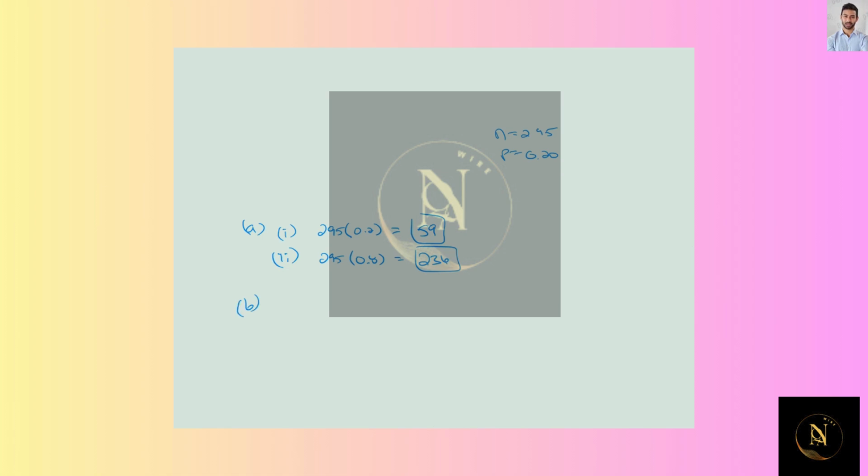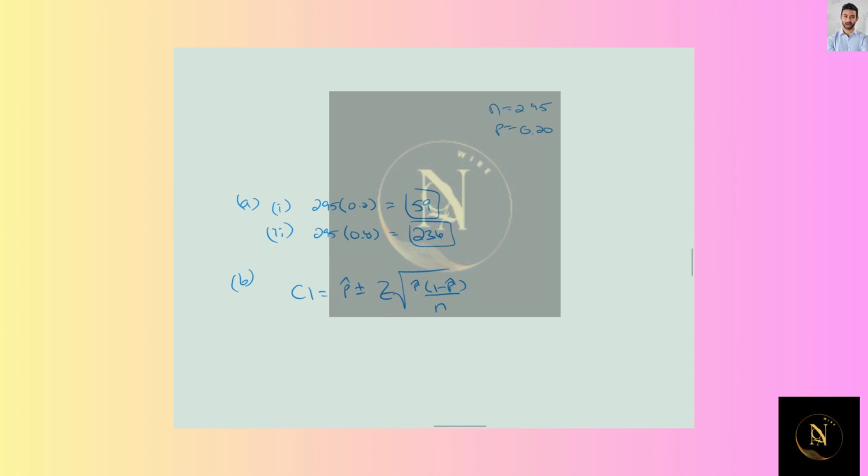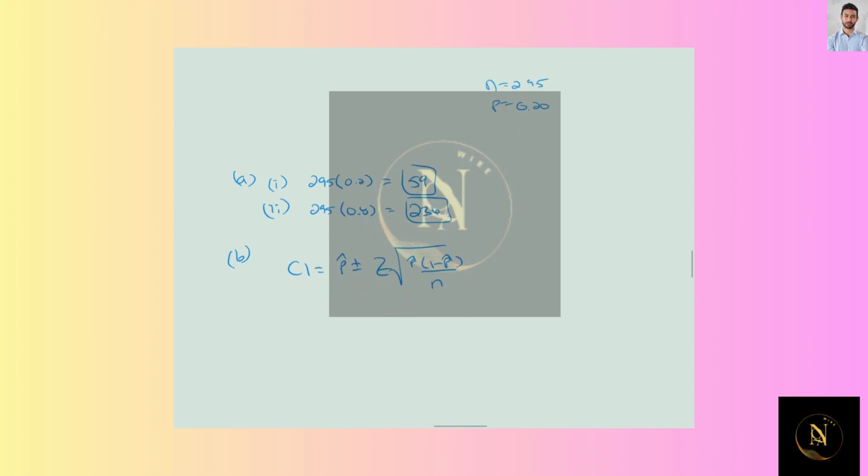Construct a 95% confidence interval to 4 decimals. We're going to use the formula, the sample proportion plus or minus the critical z times the square root of the sample proportion times 1 minus the sample proportion over n. So our sample proportion is 0.2.